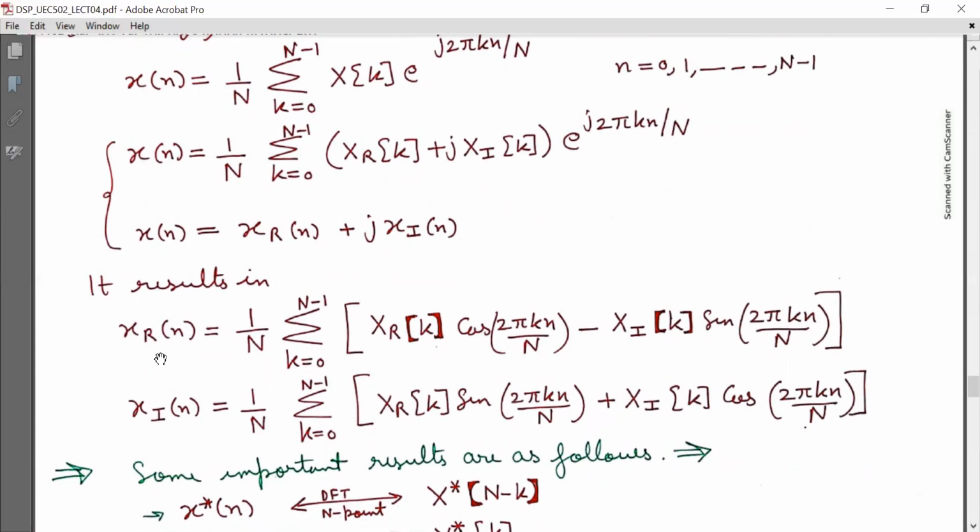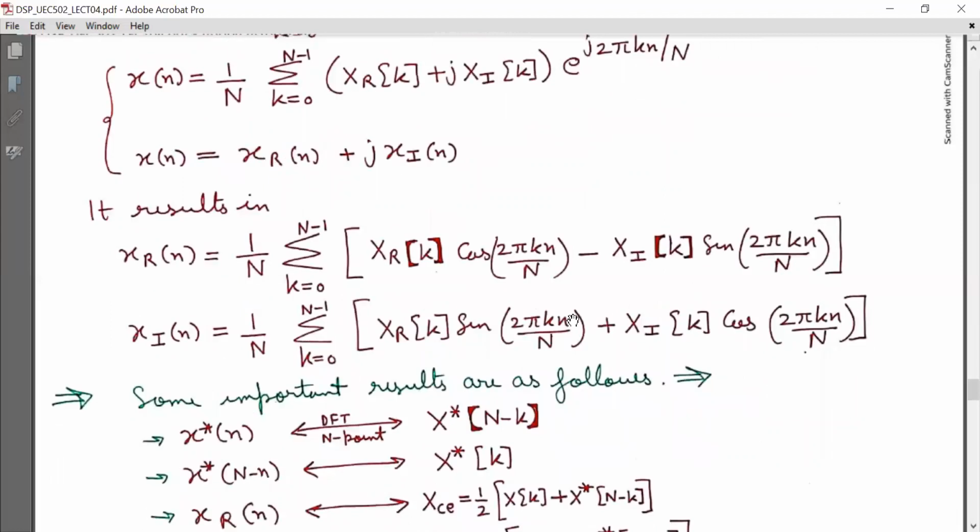So x_R(n), the real part of the time domain sequence x(n), can be calculated by using the real part of DFT, capital X_R(k), and the imaginary part of DFT, capital X_I(k). So it is how we use different equations to calculate real and imaginary parts separately also.